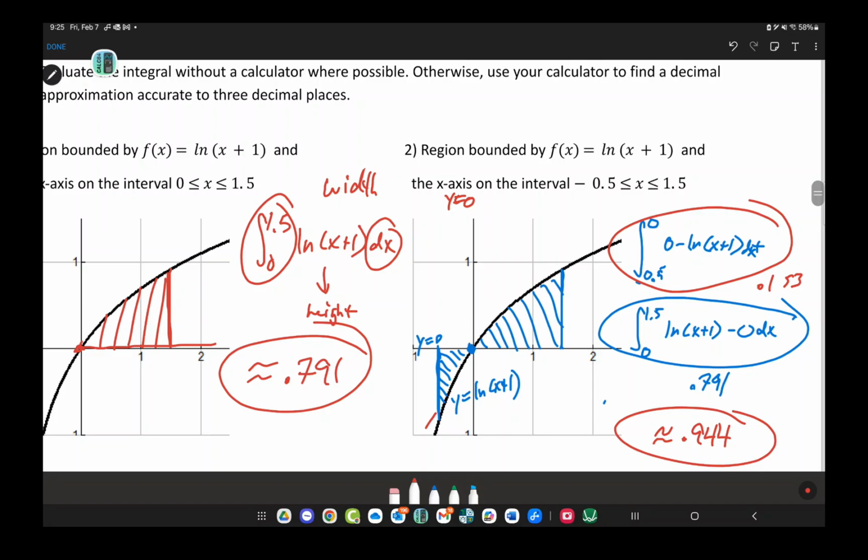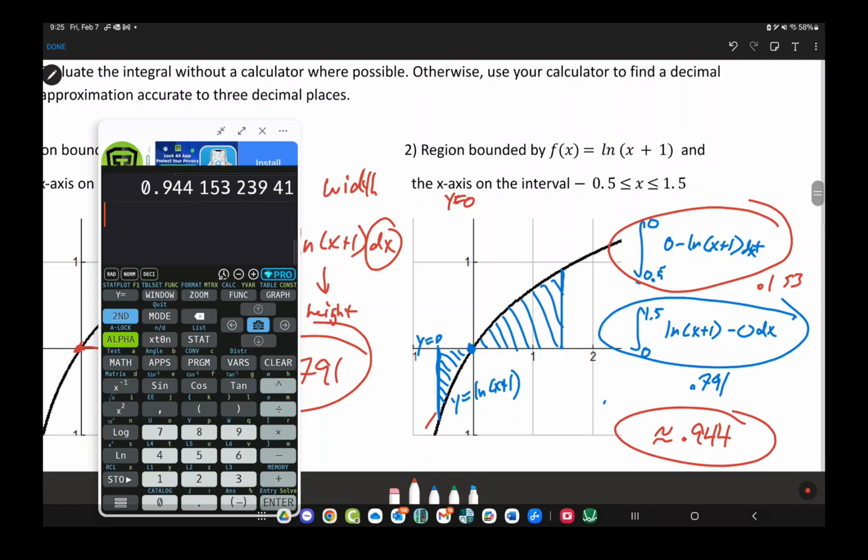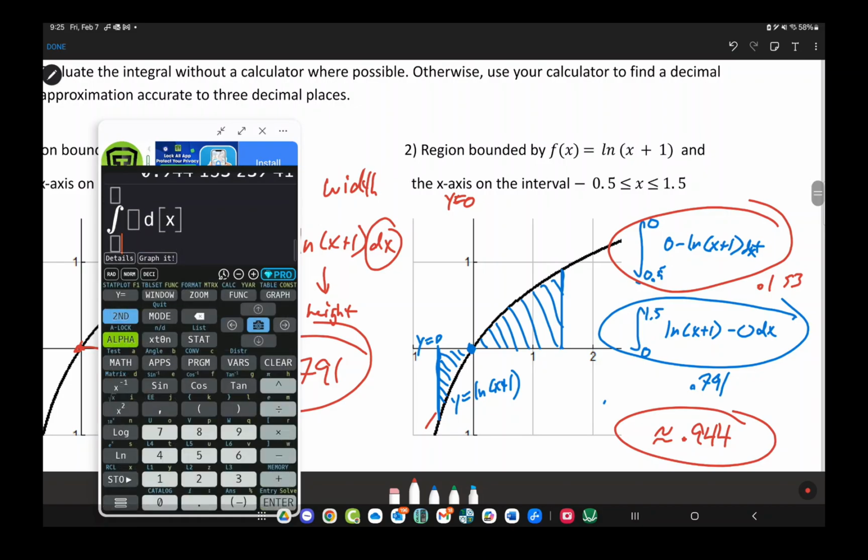Because if I didn't do that, let's see what happens if I left it as just the integral from -0.5 to 1.5 of the natural log of x plus 1. Did I get 0.944?